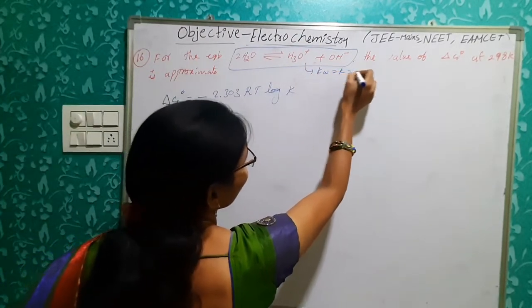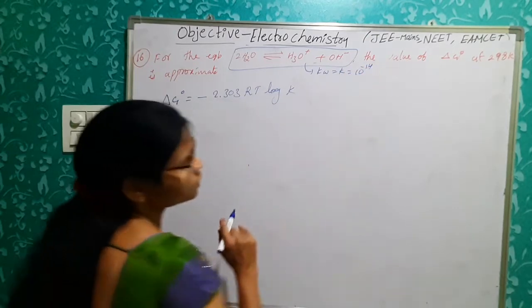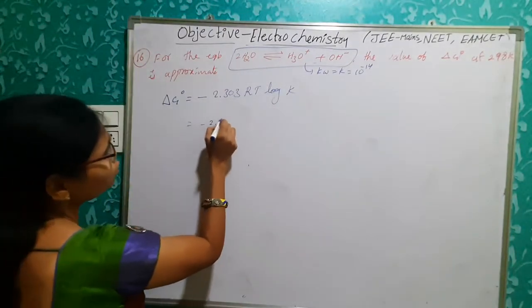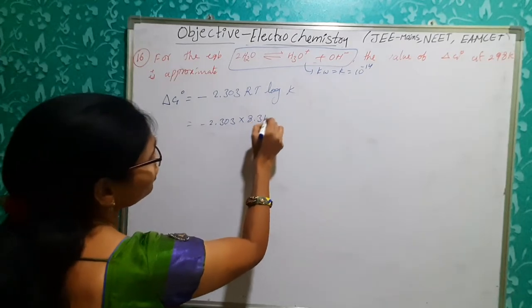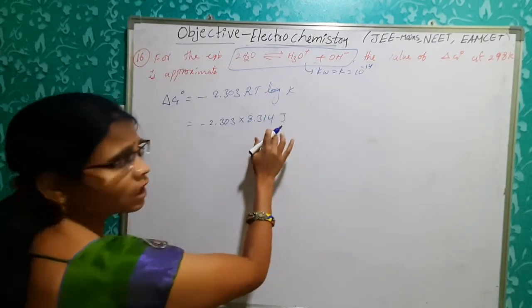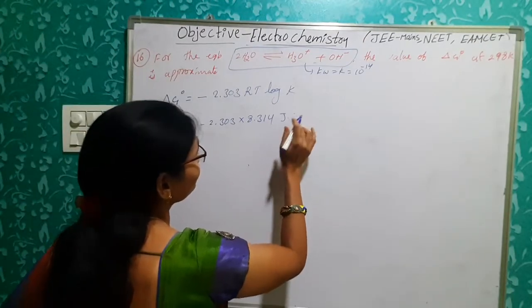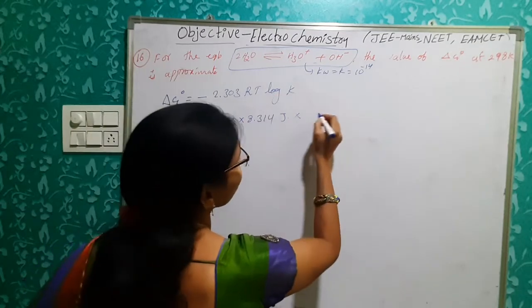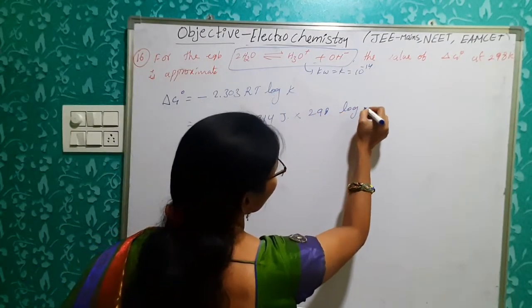We know very well that at room temperature the value is 10 power minus 14. So then minus 2.303, R value we know very well is 8.314 joules per kelvin per mole, and T is given as 298 kelvins, log 10 power minus 14.